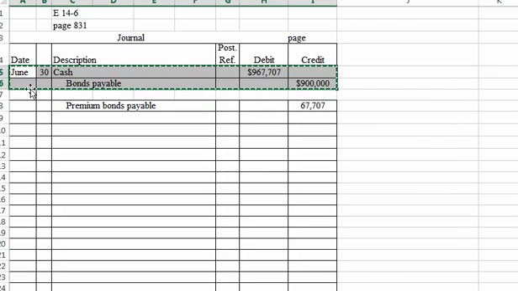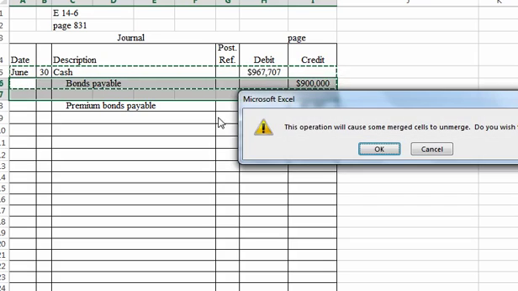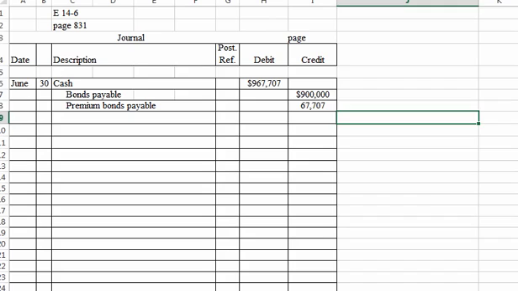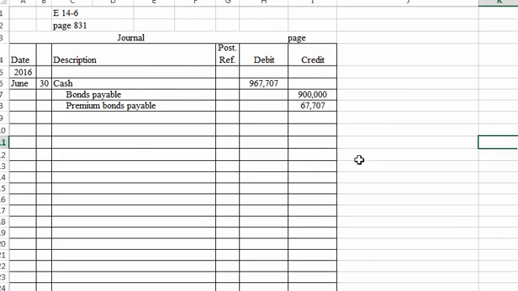This might not work any better. Okay. Okay, there we go. Now on December 31st, we've got an interest payment.